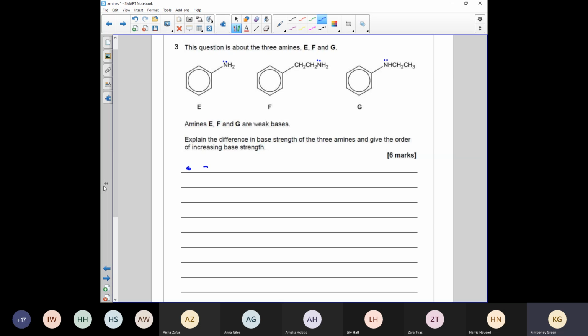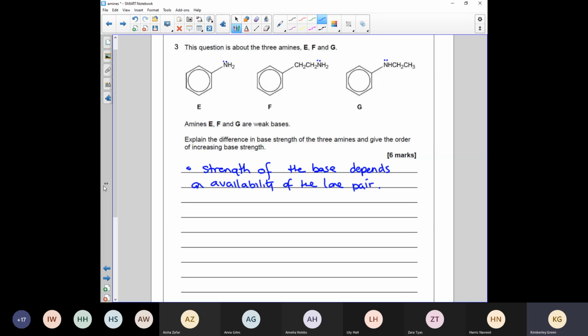So we put that down: the strength of this depends on the availability of the lone pair.